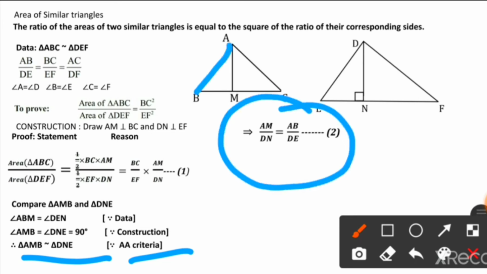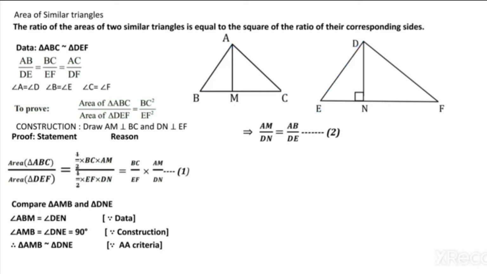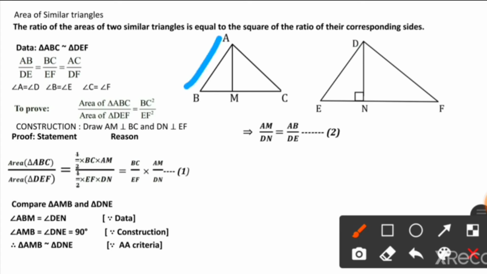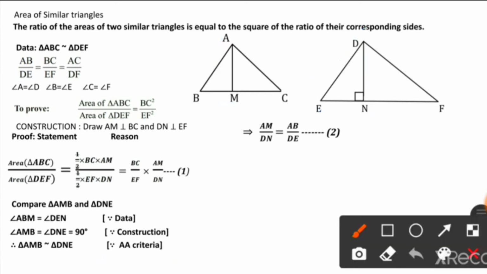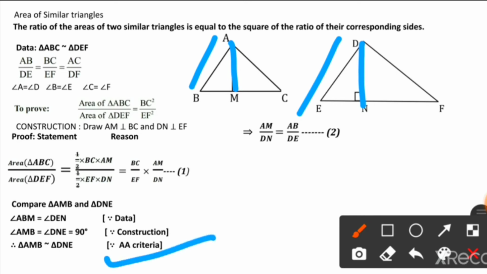What is that? AM by DN is equal to AB by DE. Here it is mentioned AM by DN is equal to AB by DE, because since the two triangles are similar, their corresponding side ratios must be equal.